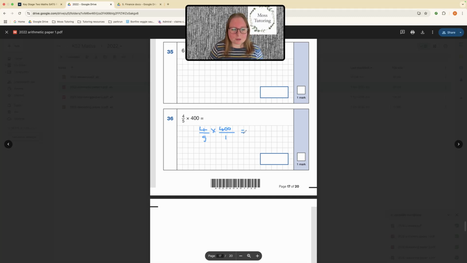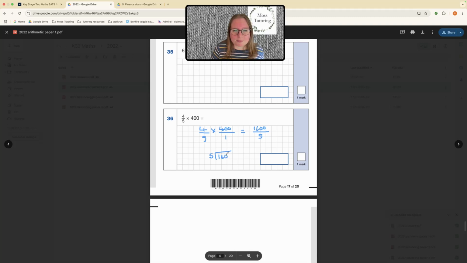Okay, so then I've got 4 times 400, which is 1,600 over 5. Now the mark scheme doesn't allow this answer. It wants you to actually give it as a whole number at the end rather than as a fraction. So if you're not sure what 1,600 divided by 5 is, just set it up like so.